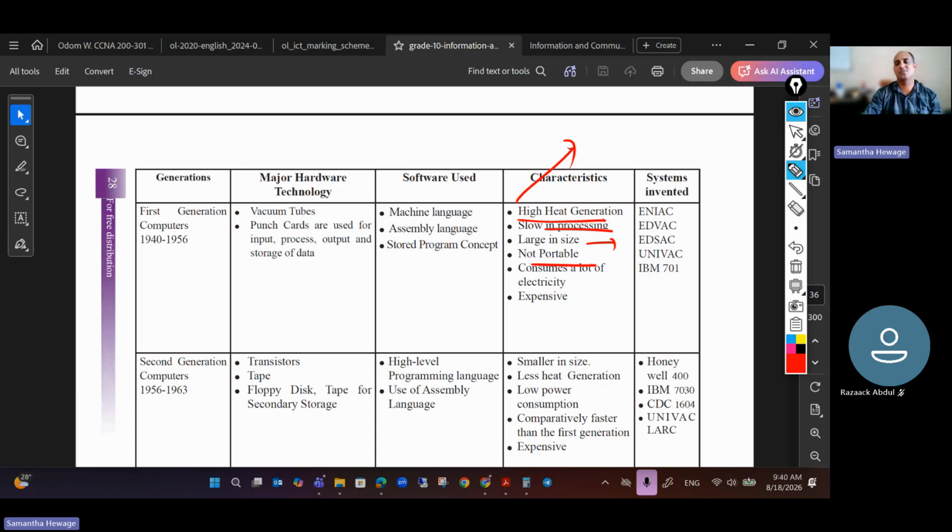It stays in the same place because of the size. Consume a lot of electricity: we have discussed this, because of the size of the computer we should give more power. The power consumption is very high in the first generation.